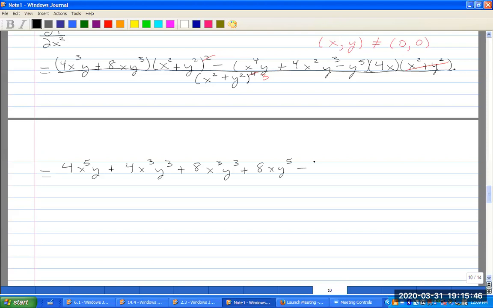So negative 4 y, negative 16, 4 and 4 is 16, x cubed y cubed, minus and minus is a plus 4xy to the fifth, all divided by x squared plus y squared cubed.